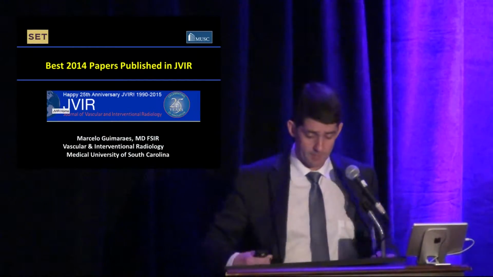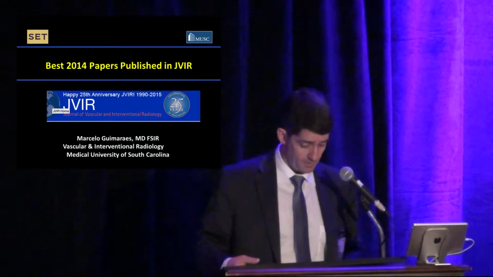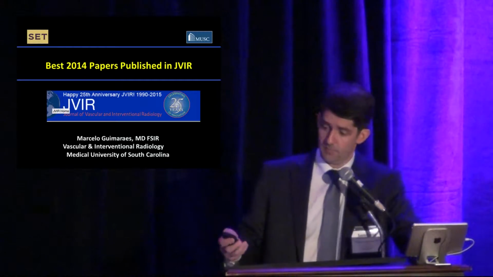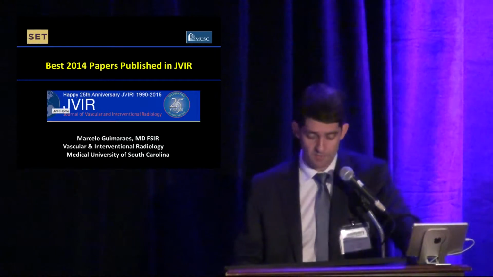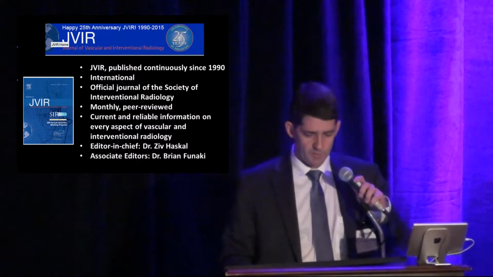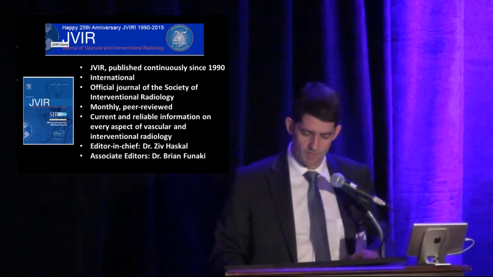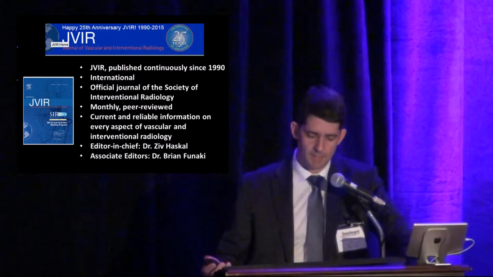So again, my papers are the ones that I selected for this audience, for vascular topics, but there are other very good papers at the JVIR that are non-vascular. For those who don't know, JVIR has been published continuously since 1990.